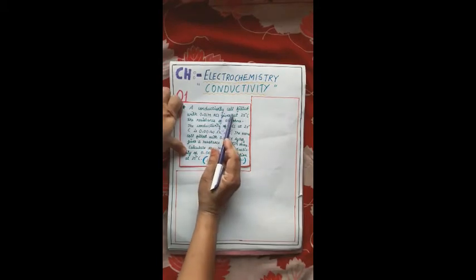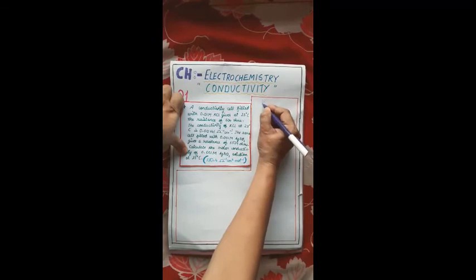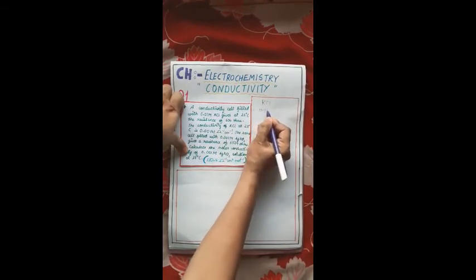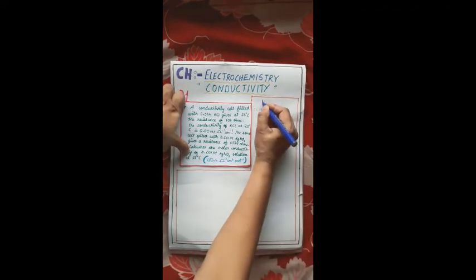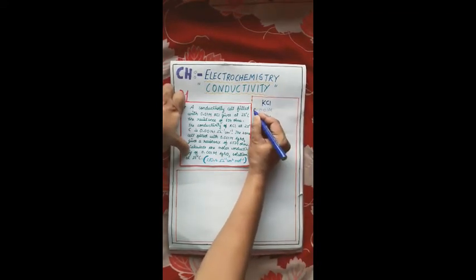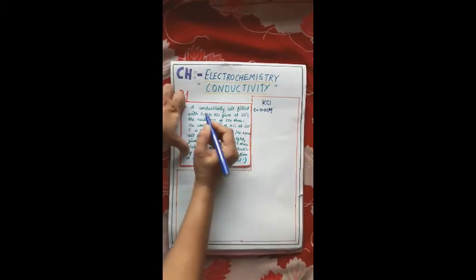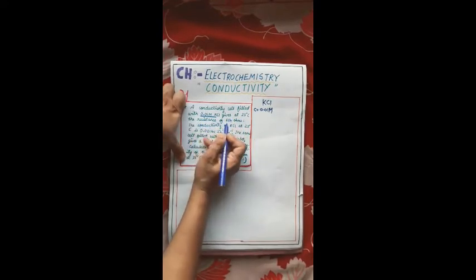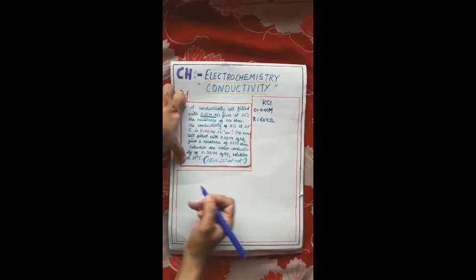A conductivity cell filled with 0.01 molar KCl. We have KCl whose concentration is 0.01 molar. Okay, now it gives at 25 degrees centigrade the resistance, so we are having R as 604 ohm.